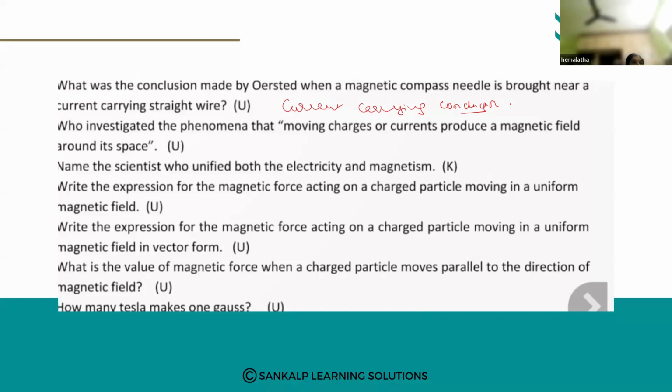A current carrying conductor produces a magnetic field around it. Magnetism around it, correct? Where there is an electric current, around it there is a magnetic field.